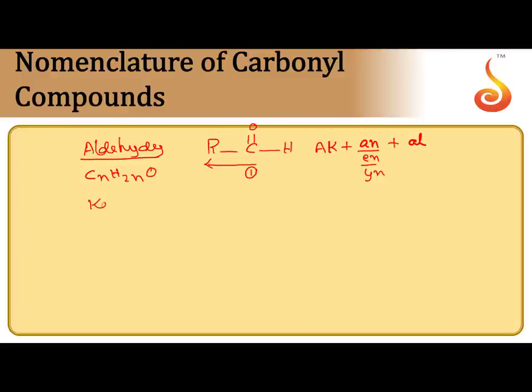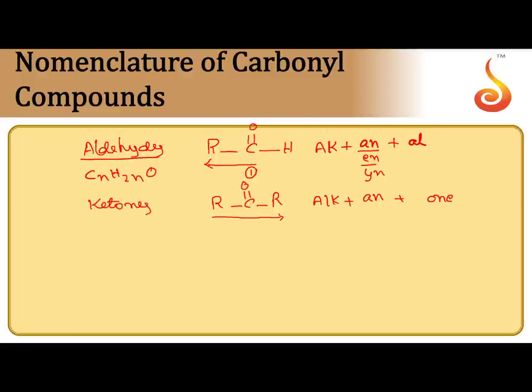Next, for ketones, RCOR, including carbon. First you select the longest carbon chain and then smallest locant should be there for the carbonyl carbon. Root word is alk, followed by primary suffix, followed by secondary suffix one.